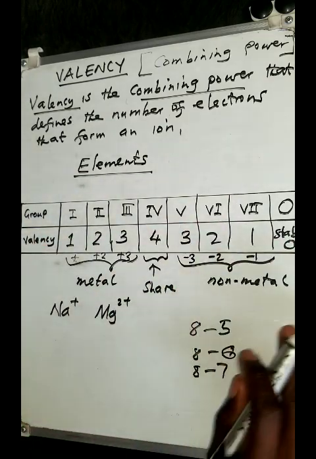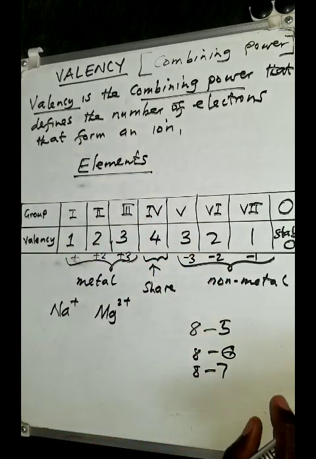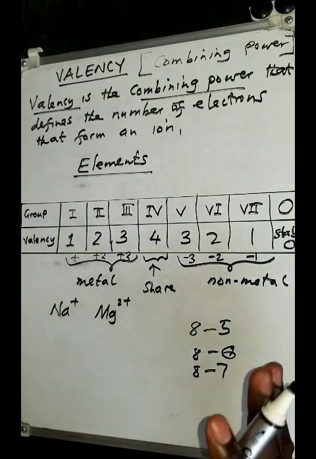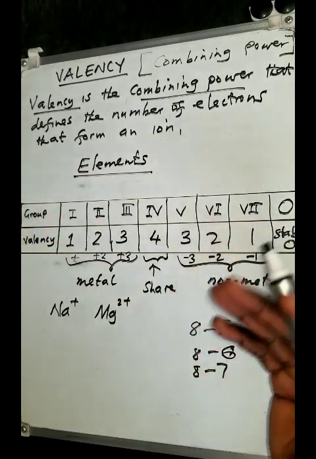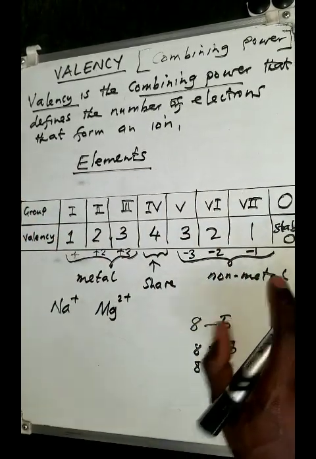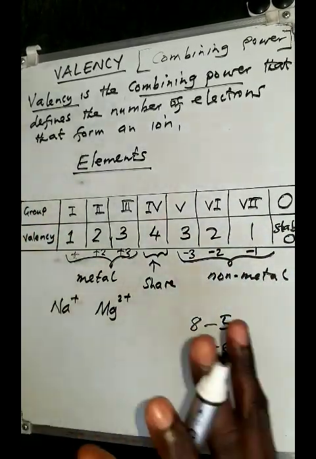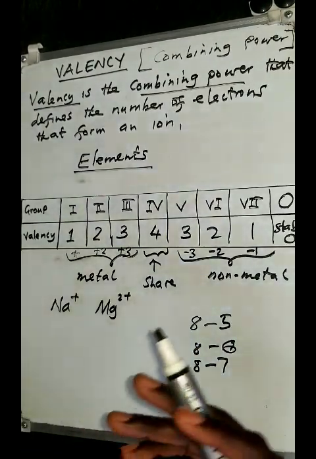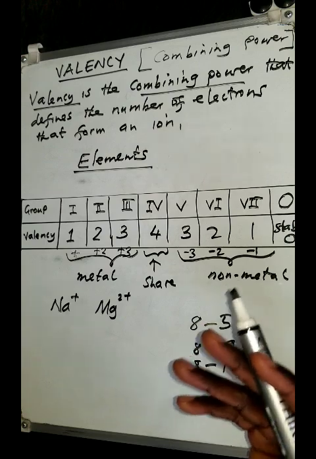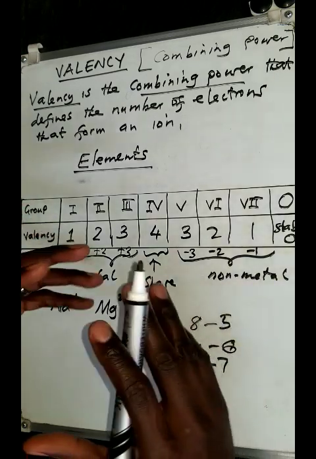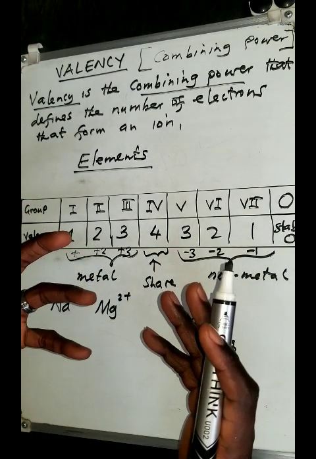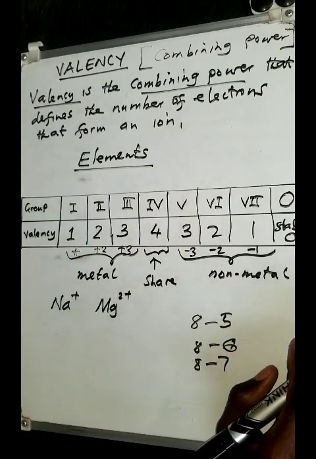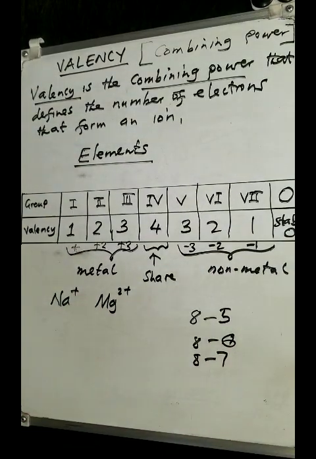Once you understand valences, writing formulas becomes very easy. On the periodic table, I don't expect you to have any problems identifying valences. In my next video, I'm going to talk about how to deal with radicals, groups of atoms that come together, and how you assign the valency. Watch out.